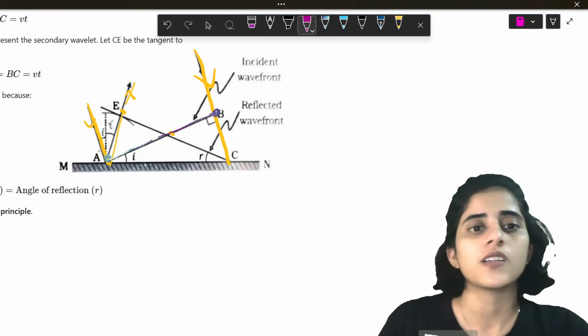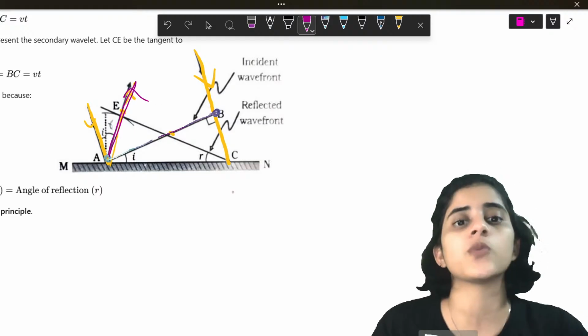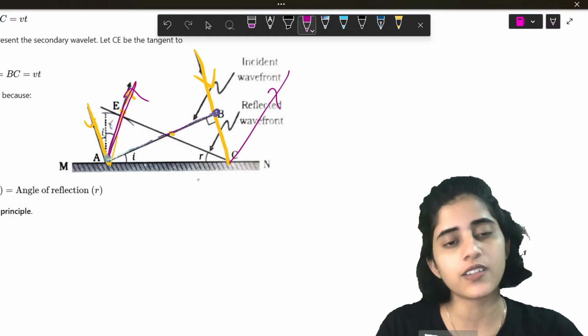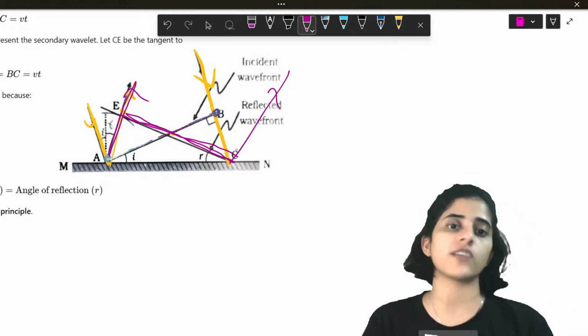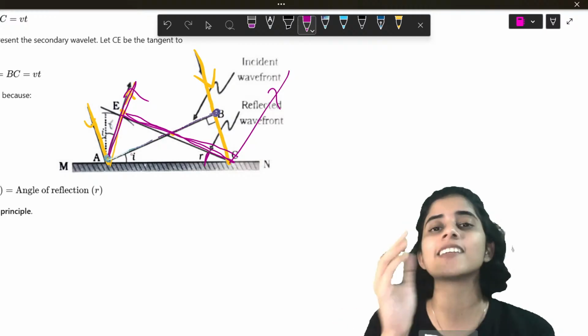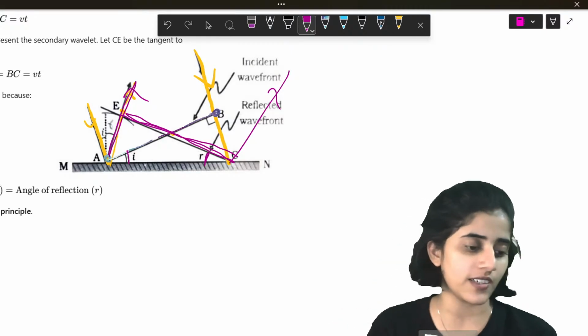So this is your reflected wave ray. Here you have a reflected wave somewhere here. So you join these two. You get the reflected wavefront. So angle R is the angle of the reflected wavefront. Angle I is the angle of the incident wavefront.